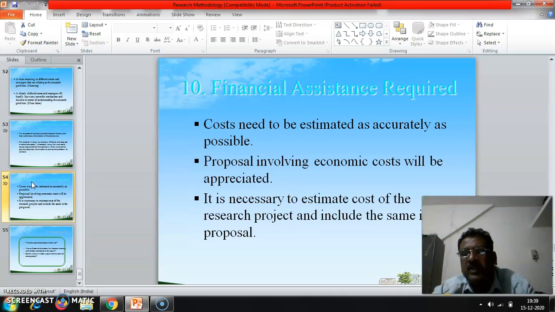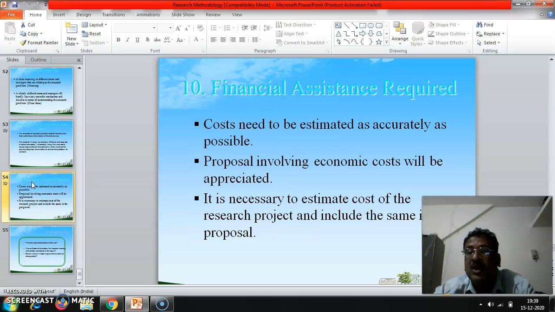After conducting the study, we have to submit the project report to the concerned authority, and that authority should accept the report. For that purpose we have to prepare the research project properly bound, properly printed, with quality paper.